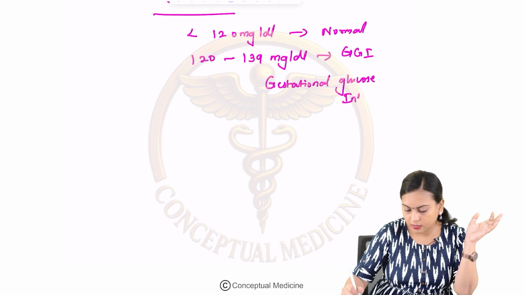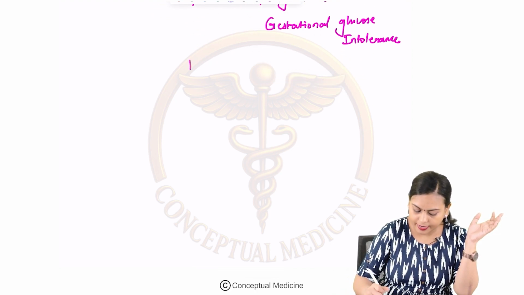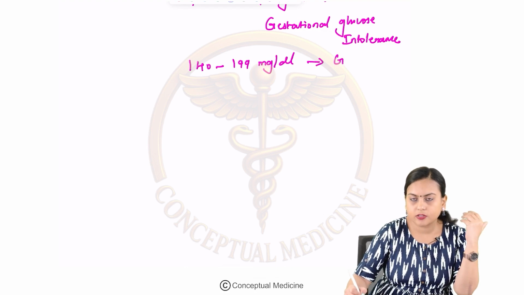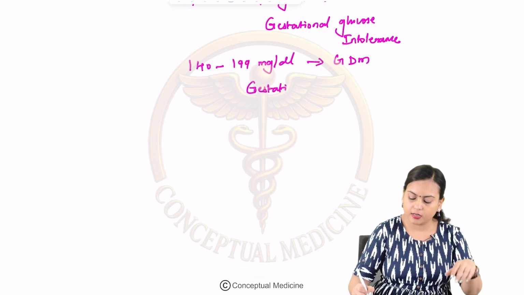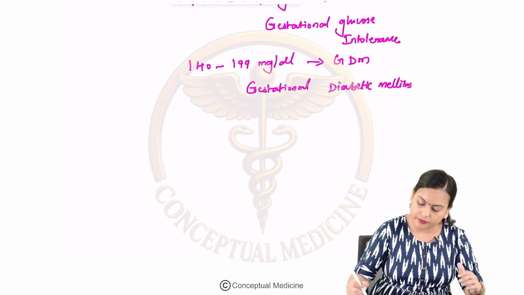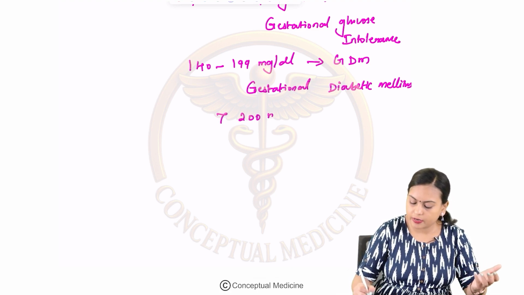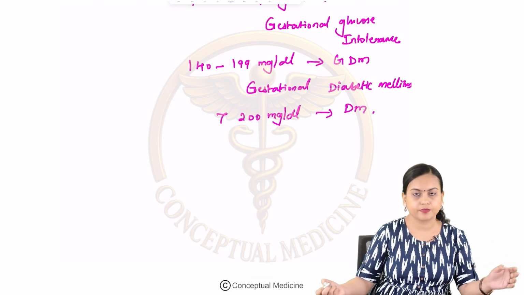And if the values are between 140 to 199 milligram per deciliter, then she is a case of GDM, that is gestational diabetes mellitus. Then if the values are more than 200 milligram per deciliter, then she is a case of diabetes mellitus.